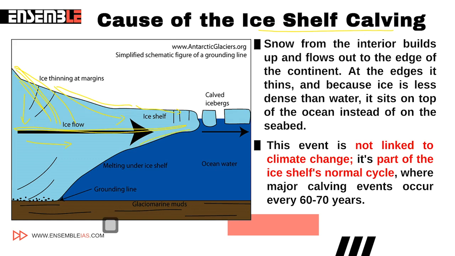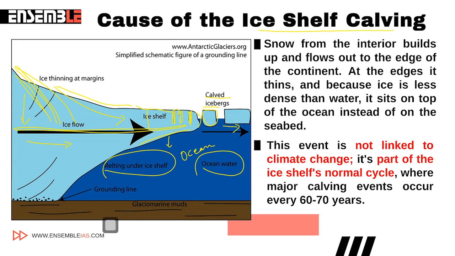At this margin, there is under-melting of the ice due to contact with the ocean, and with this thinning, some crevasses are created, and then finally this area breaks off as a calved iceberg, and then it starts moving and floating on the open ocean. So this is a simplified diagram which explains the process of shelf calving.